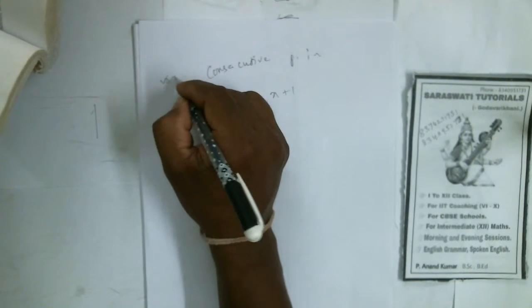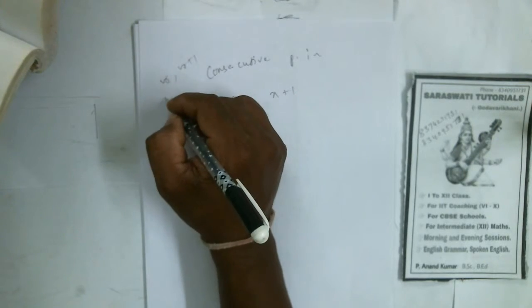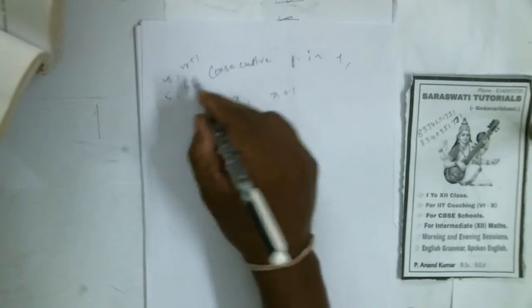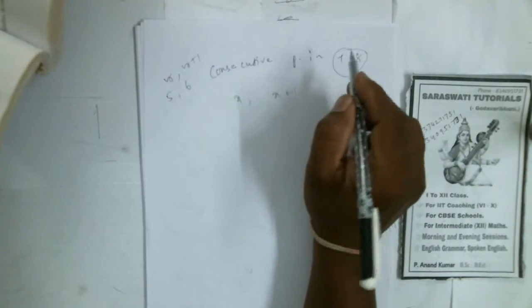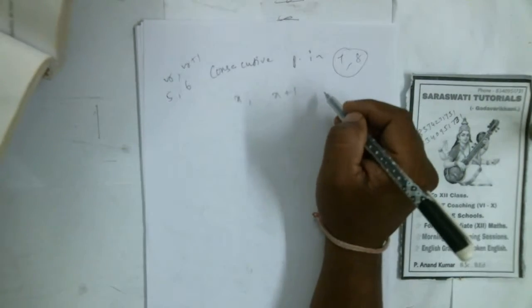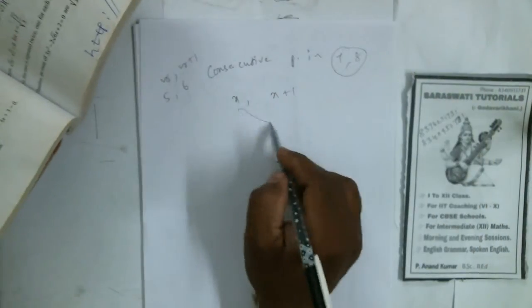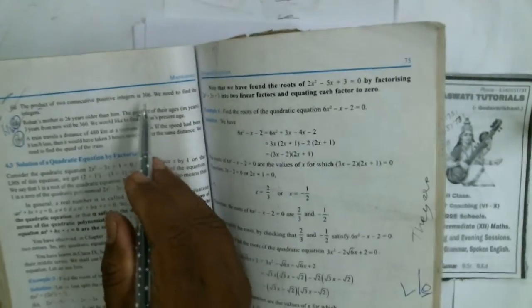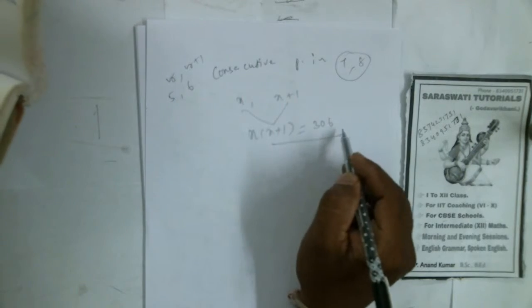If the number is 5, then 5 plus 1 is 6. If the number is 7, then 7 plus 1 is 8. These are consecutive positive integers. Product means multiply these two: x into x plus 1, which is equal to 306.